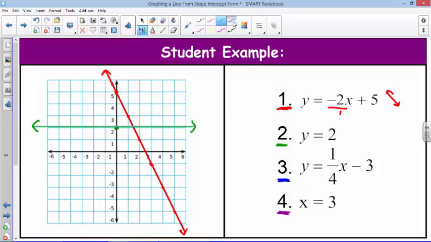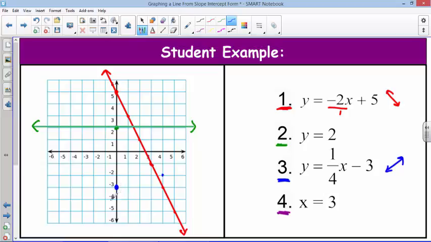Alright, so this blue one, I have y equals 1/4 x minus 3. So starting at my y-intercept negative 3, I have a positive slope going upward, so I'll go up 1 to the right 4. So up 1, 1, 2, 3, 4. Can't do any more on that side. I'll do the left side.